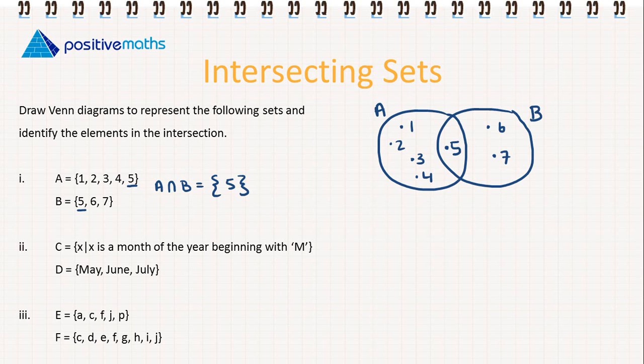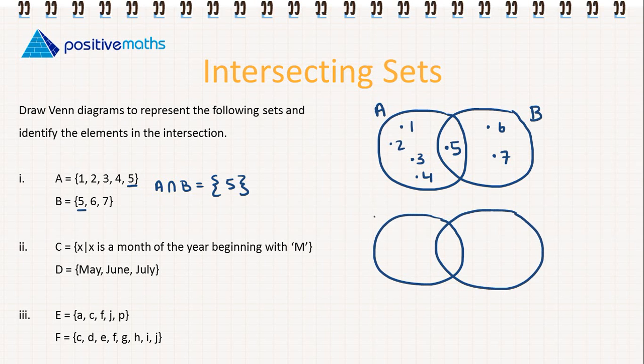Okay, so again, we want to start off by drawing our two sets, C and D. Now we want to put the element that is common to both in the middle. We're noticing that D contains a month beginning with M, May, so we're going to put that in the middle. Then we're going to fill in the rest of the elements.